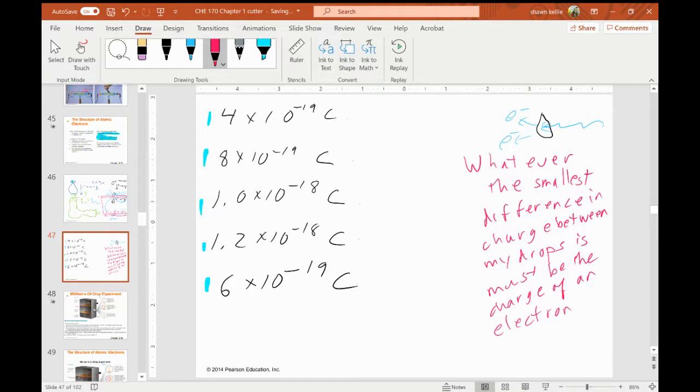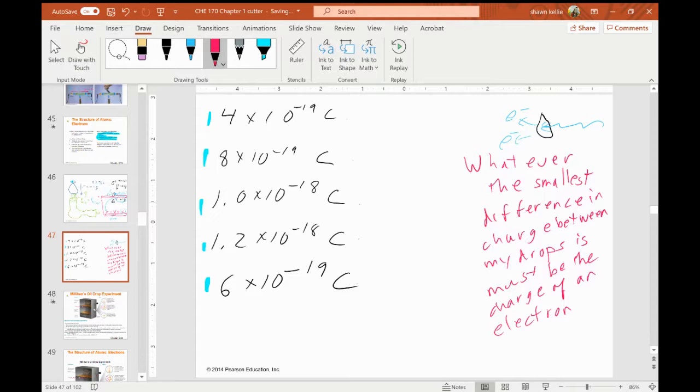He said whatever the smallest difference in charge is between drops must be the charge of an electron. Why? Because the only particle he assumed he was going to be able to move between these oil drops was an electron. So he said, okay, all these numbers I'm looking at have to be whole number multiples of this smallest difference, if I'm only able to move around whole electrons.